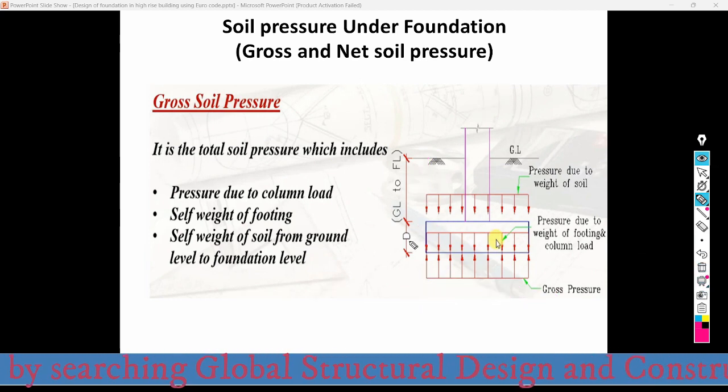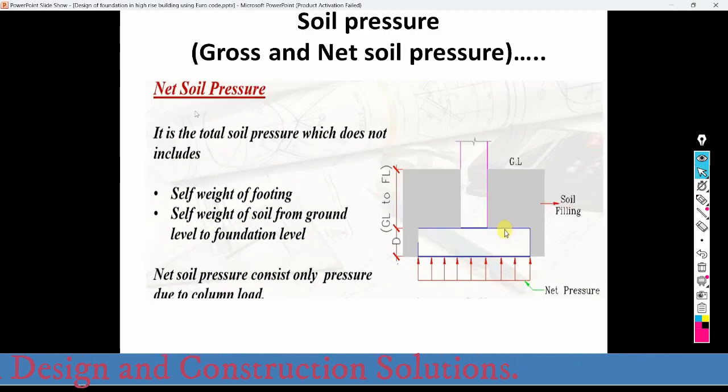The second type of soil pressure is net soil pressure. Net soil pressure is the total soil pressure which does not include self weight of footing and self weight of soil from ground level to the foundation level. Here net soil pressure consists only of pressure due to columnar load.